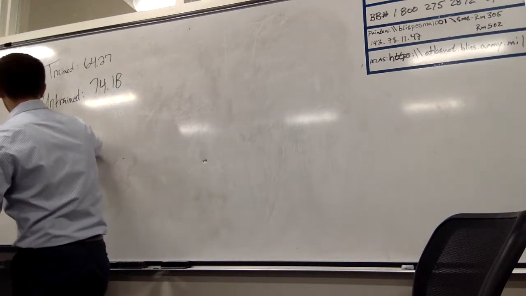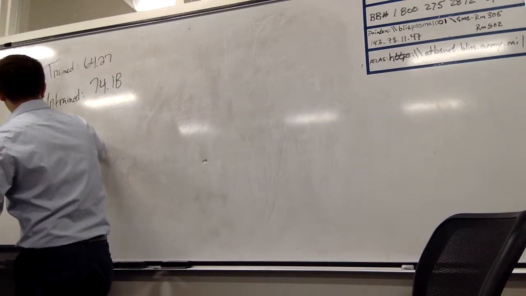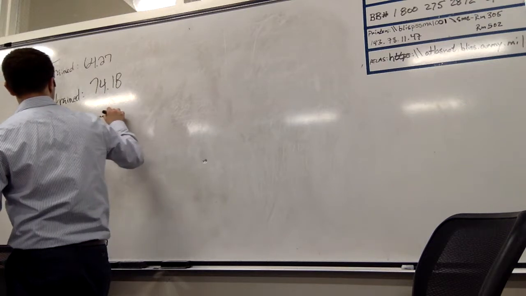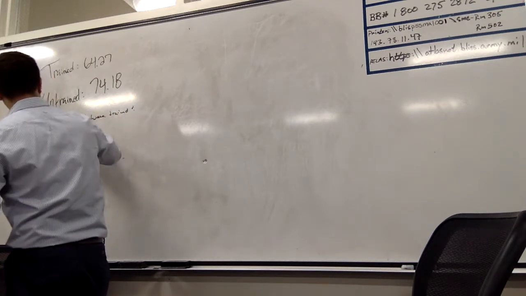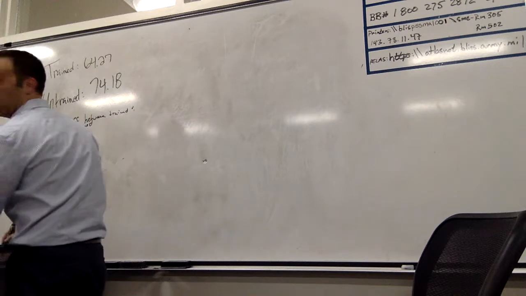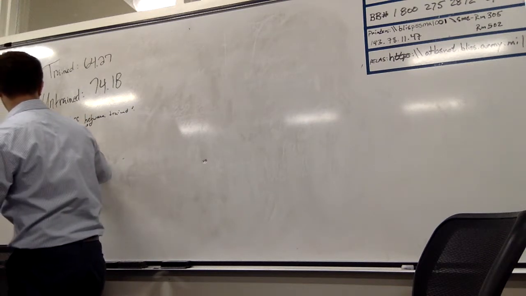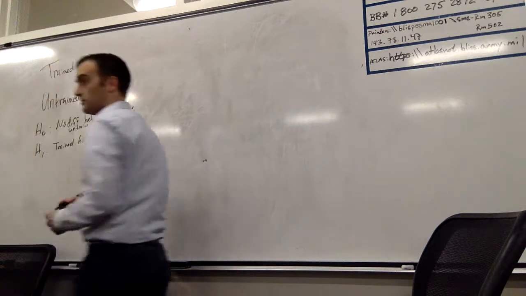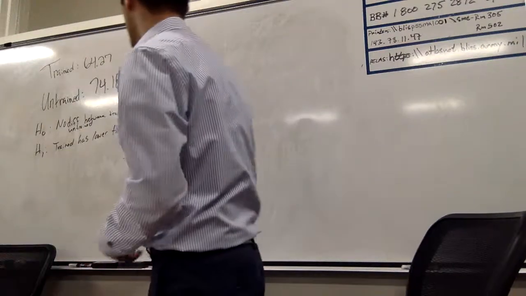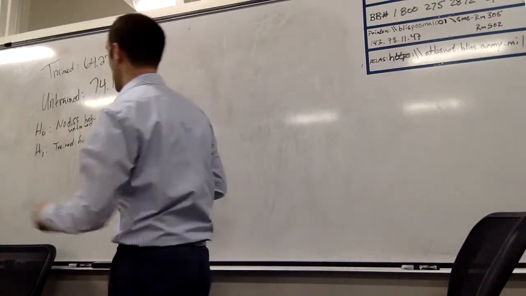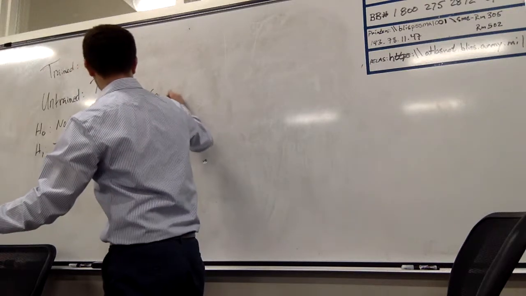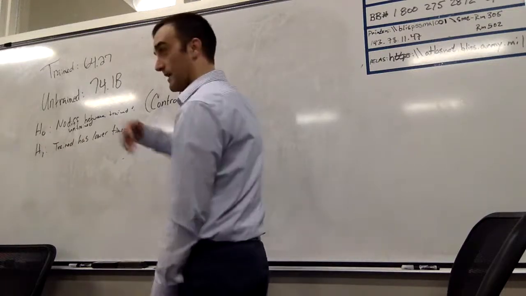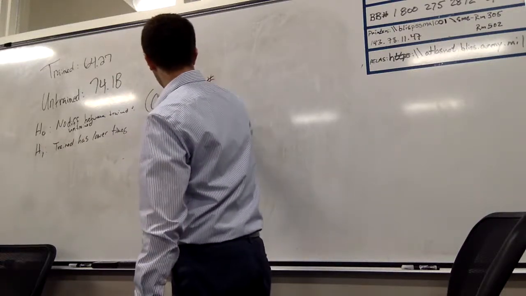Null hypothesis, H0, would be no difference between trained and untrained. And a research hypothesis would be that trained have lower turnout times. This is getting into kind of like an experiment. Here's your control group with an N, a sample size, which is in that data set, and a sample mean.